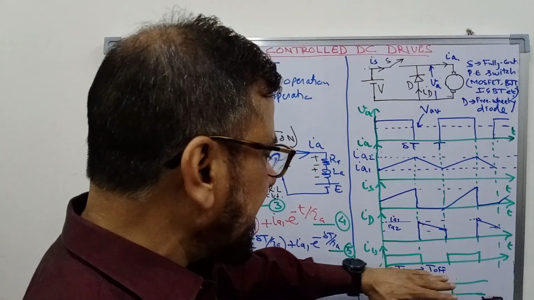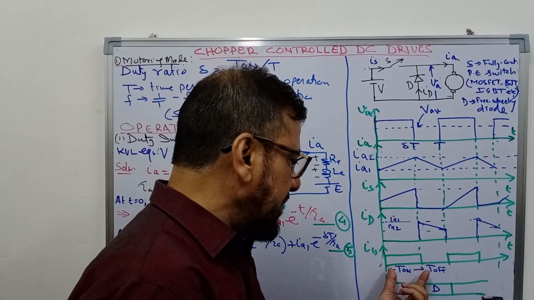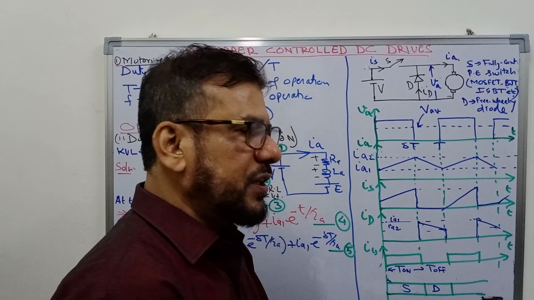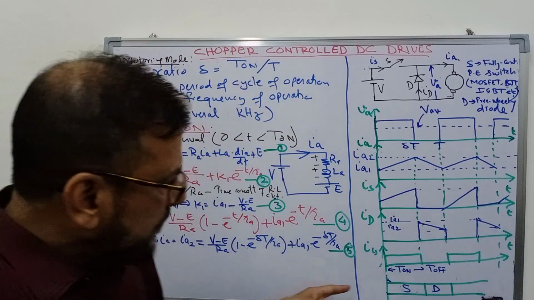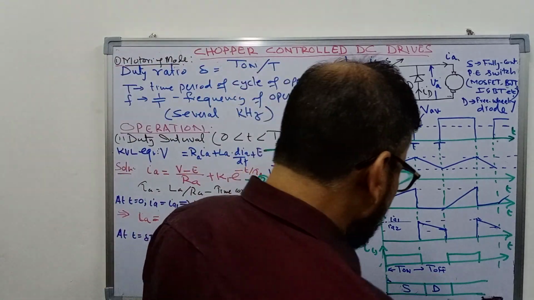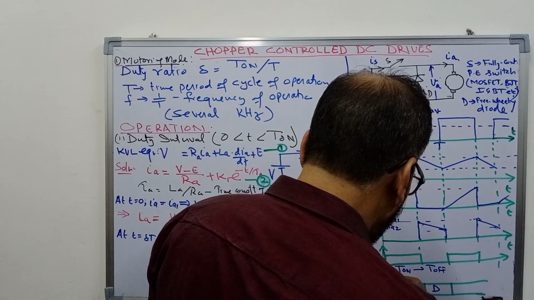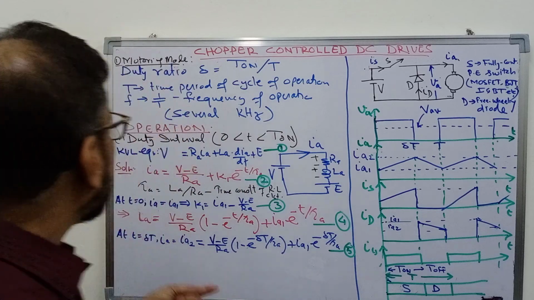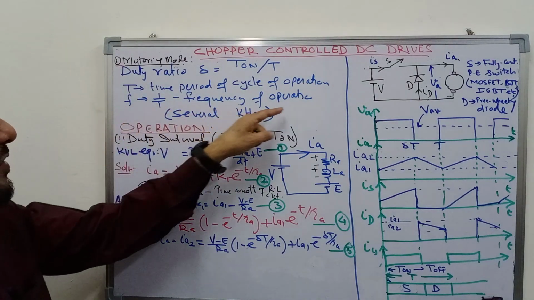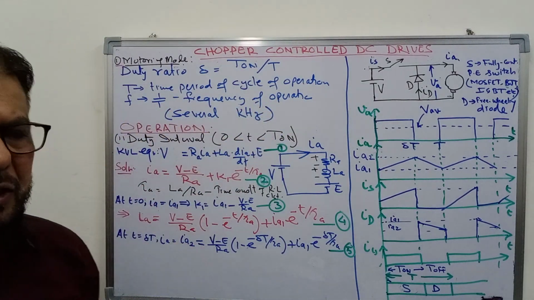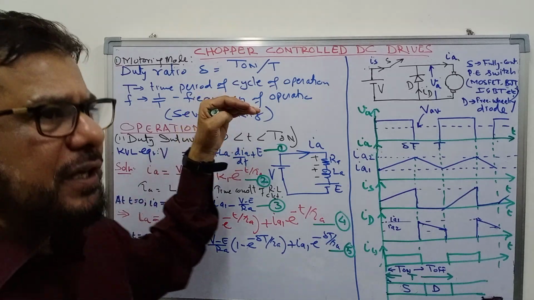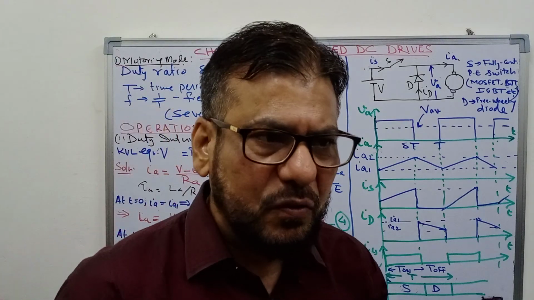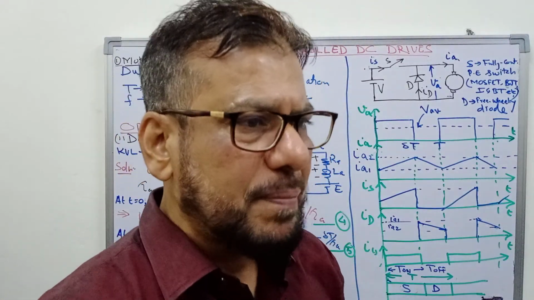It will be given for time period T on, and it will be removed for the time period T off. The whole cycle you may call the time period of operation T. The reciprocal of it you can call the frequency of operation of the chopper, and that is kept very high, several kilohertz, and I will discuss later what is the advantage of high frequency operation.